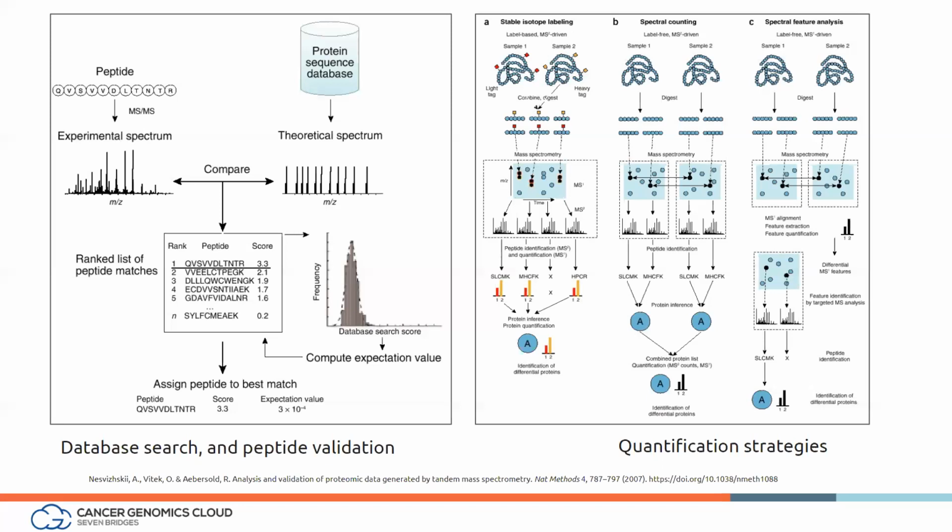And after that, we use different strategies to quantify the data. What we're going to show is a workflow that incorporates label-free quantification, which consists of using the spectra intensities that the instruments acquired, and we are also using the intensities for the TMT tags, which is basically a barcode that we incorporate into the samples.